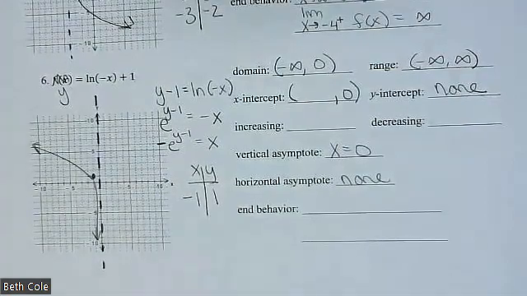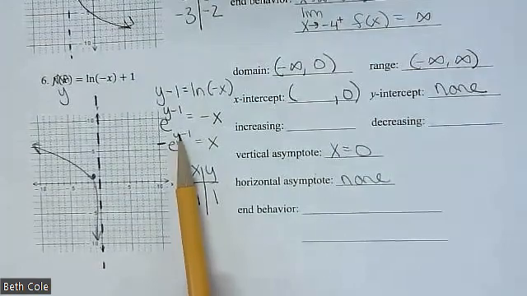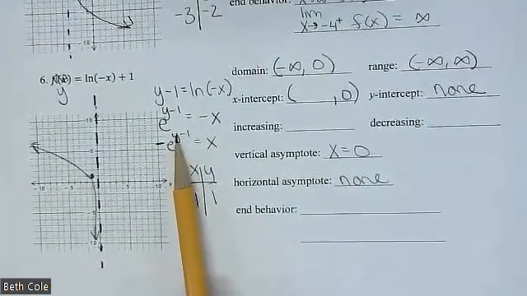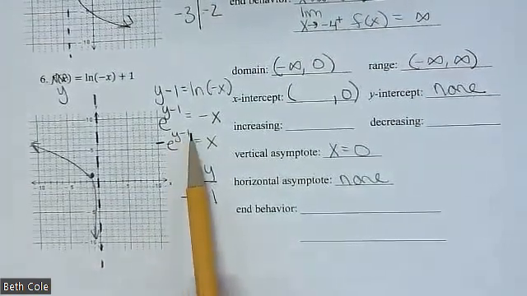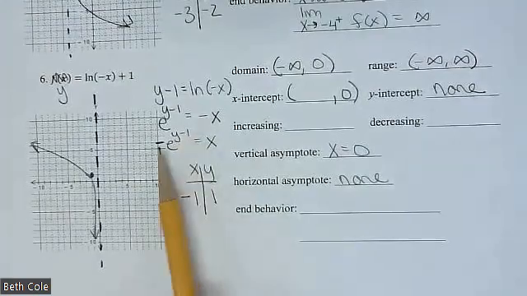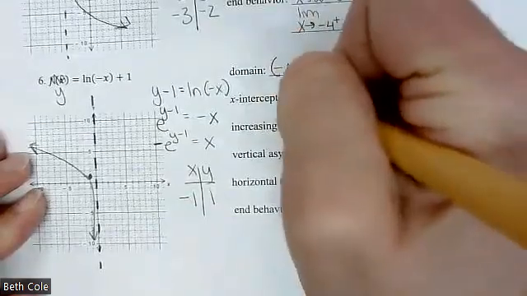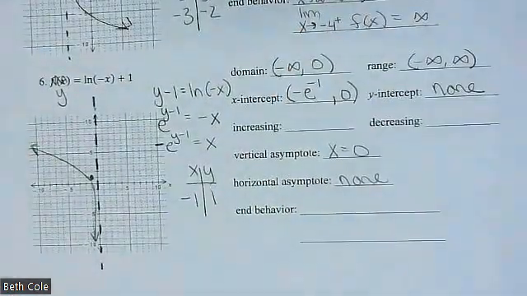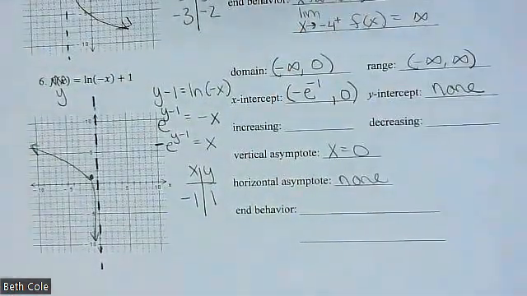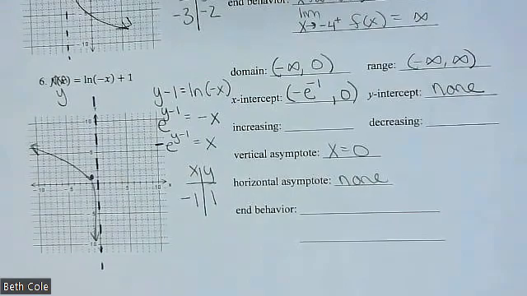Whatever it gives you is just whatever it is. You're not allowed a calculator, so you'll leave it alone. Here we go. Plugging in 0 for y right here, that'd be 0 minus 1 is -1. So it would be negative e to the -1. Whatever that is. If you can do negative and then times 2.7 to the power -1 in your head, anybody? No? Okay. Then just leave it.